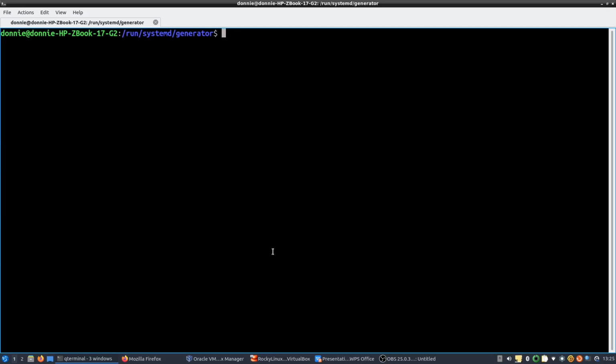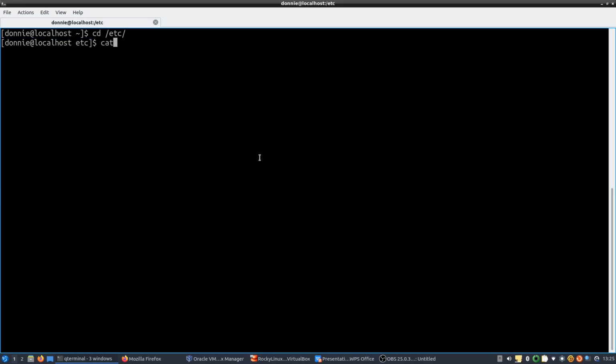Now let's look at something a little bit different here. We're going to go over to a virtual machine. This is Rocky Linux 8. And in this case, we're running logical volumes with the XFS file system. XFS is the default file system for all Red Hat Enterprise type distros.